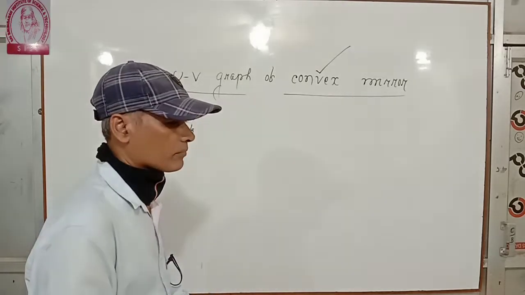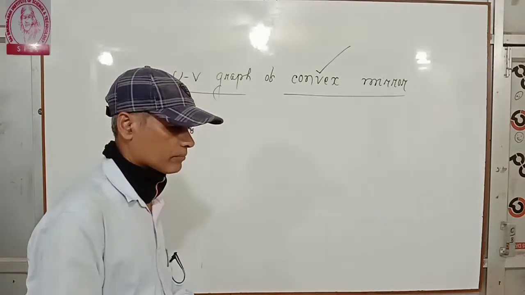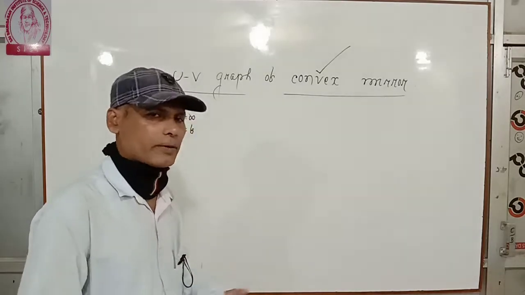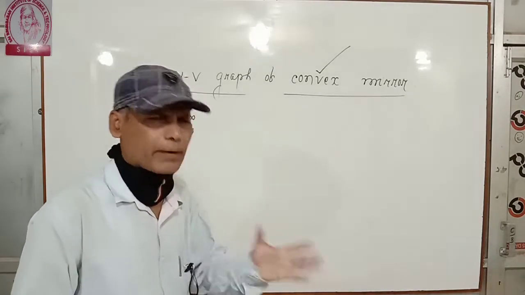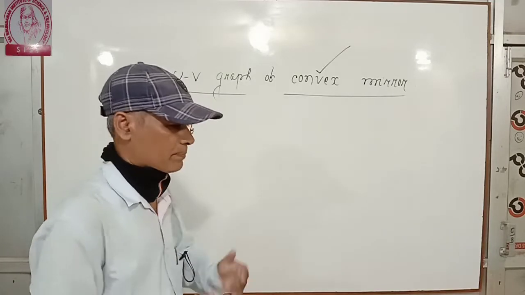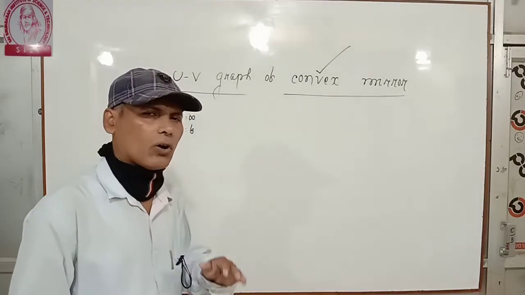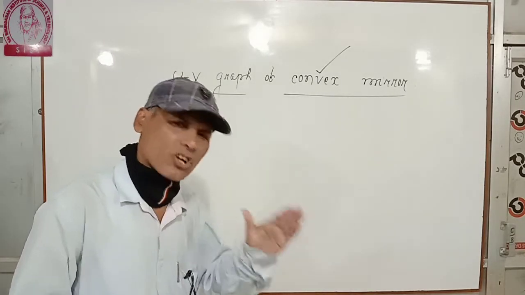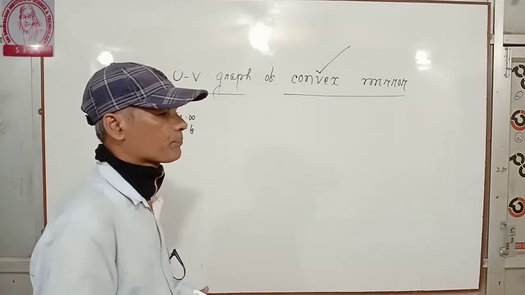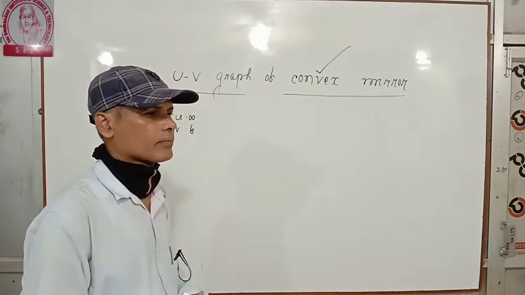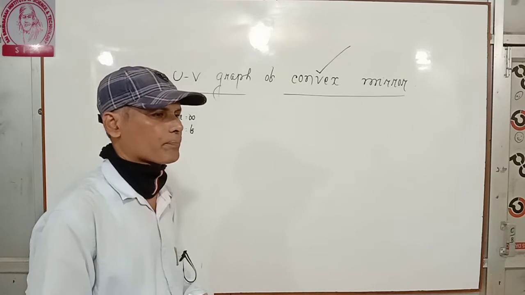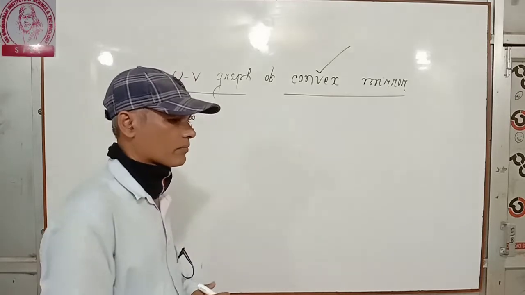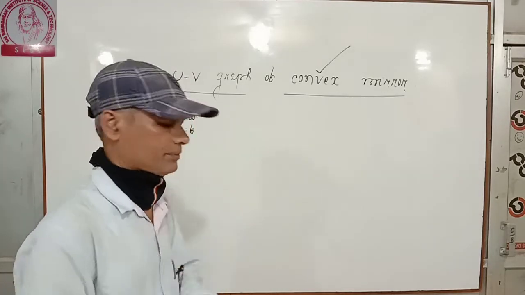That's why u, the object distance, became negative for concave mirror as well as convex mirror. All the ray diagrams I have drawn in the notes carry u negative.